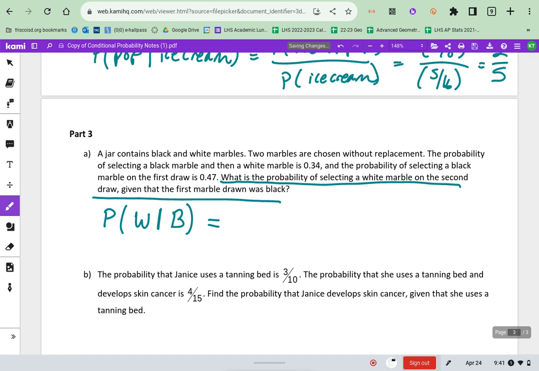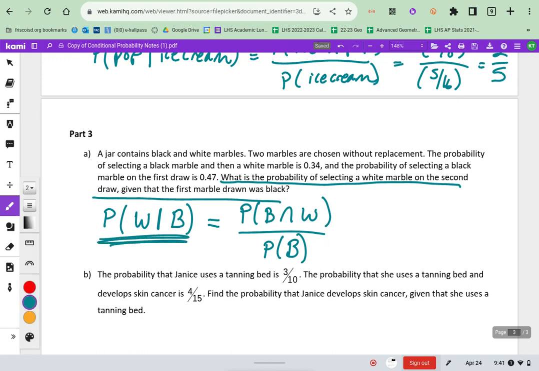I'm going to need the probability of a black and white marble divided by the probability of a black marble. Writing it out this way helps me see whether I have the probability of black and white, and the probability of black, because those are the two things I need to figure out what I'm looking for.